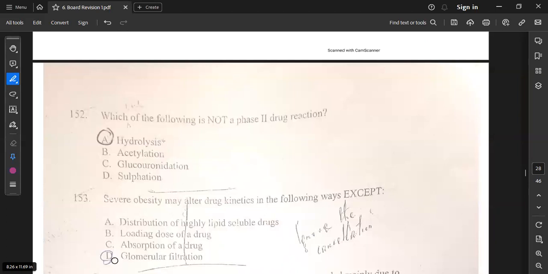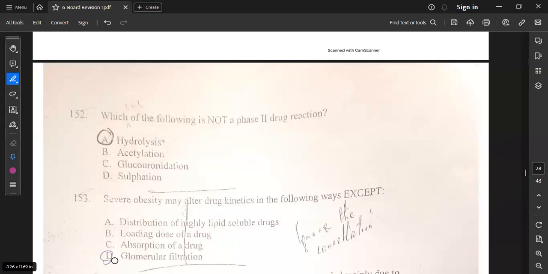For option D on glomerular filtration, it says that glomerular filtration is dependent on muscle mass. Even when you check the test for filtration, we look at the creatinine levels. So in obese patients, I think muscle mass is very small, so there may be an effect on glomerular filtration.